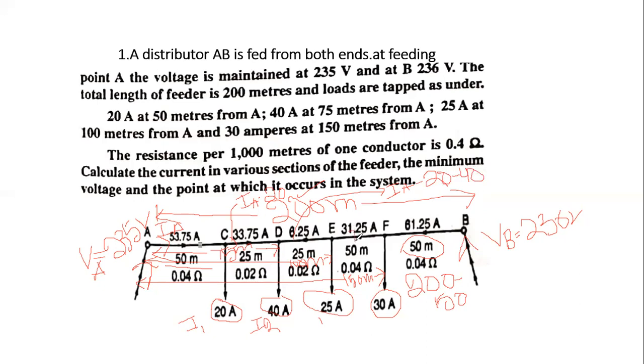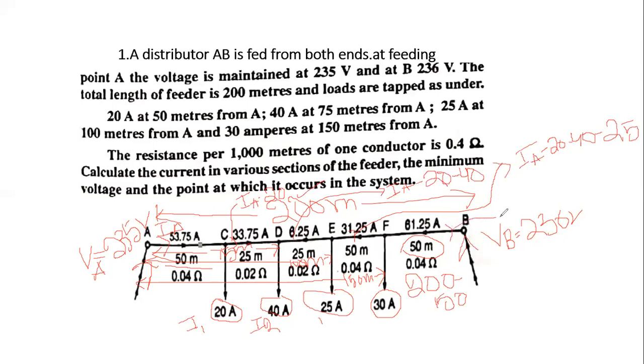Next, what is the current at E to F? That is IA minus 20 minus 40 minus 25. Understand? Next, what is the current from F to B?